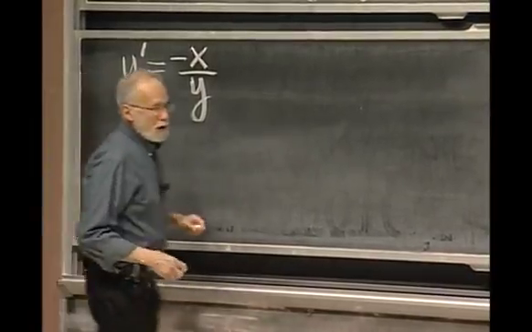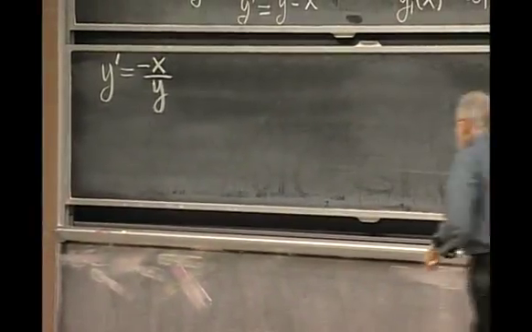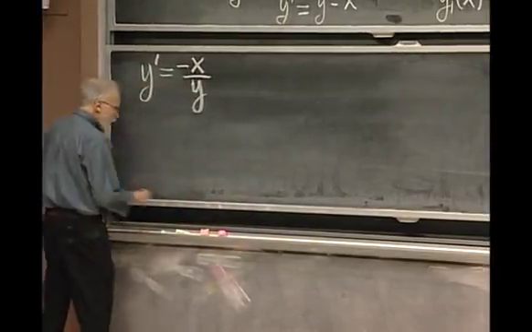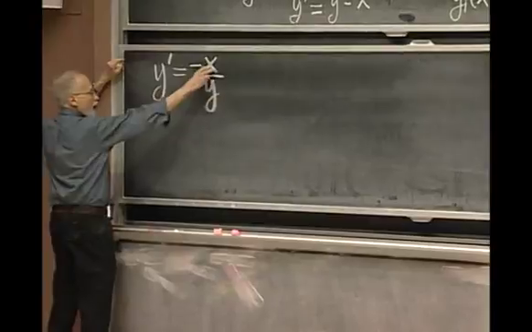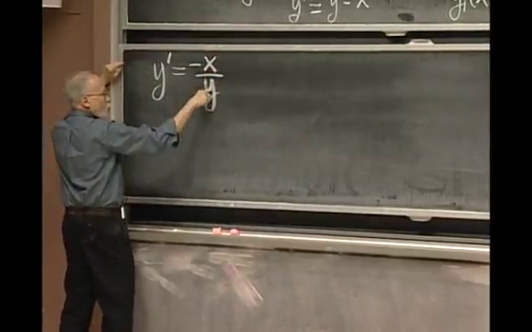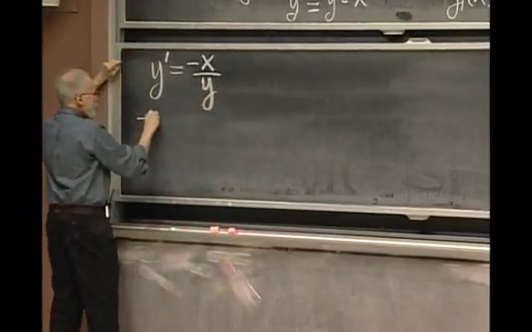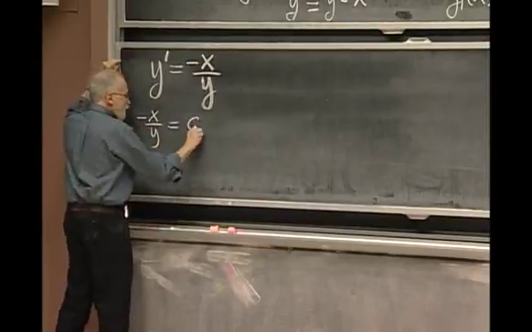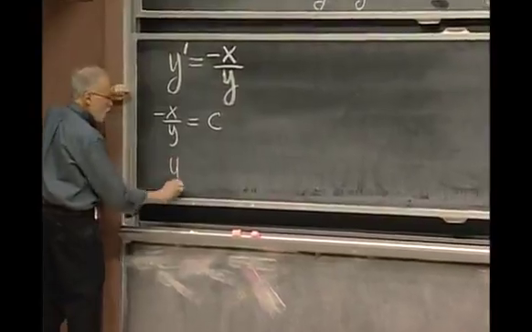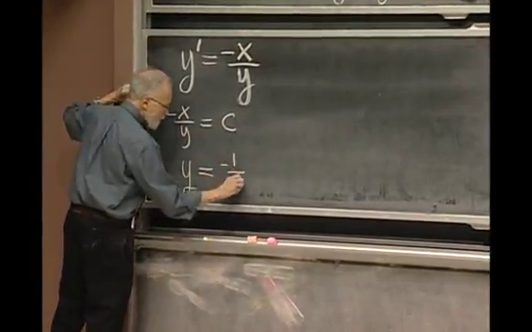Well, the isoclines are going to be, negative x over y is equal to c. Maybe I better make 2 steps out of this. Minus x over y is equal to c. But of course, nobody draws a curve in that form. You'll want it in the form y equals minus 1 over c times x.